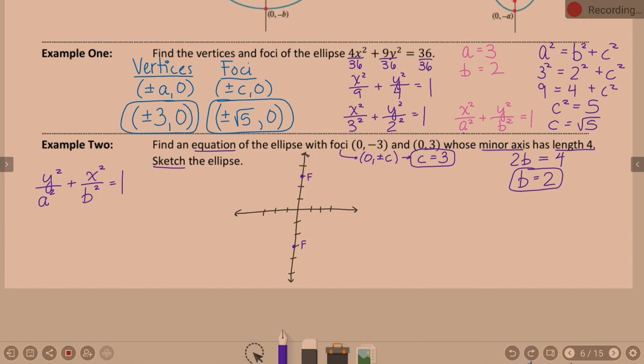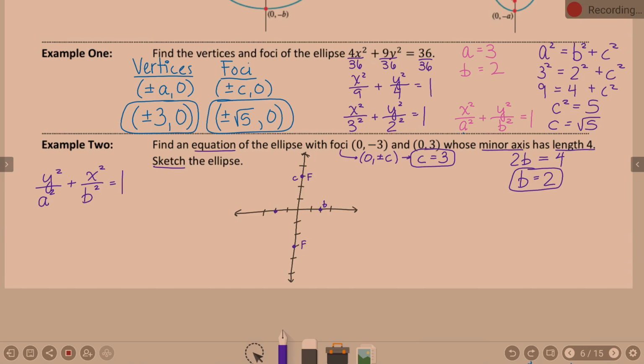So in this case, my minor axis is going left and right. And so if my minor axis has a length of 4, that means it goes out 2 each direction. So those right there are my B values. Okay, my foci, what do we say the foci are? They are my C values. Your B values talk about how far out my ellipse goes the other way.